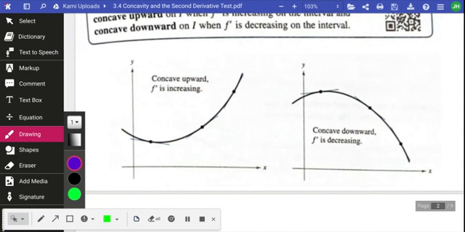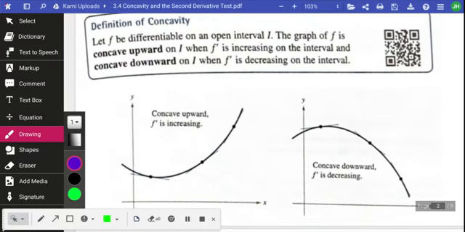If you think about it, when we ask whether a function itself is increasing or decreasing, we look at the first derivative. If we're looking at when the first derivative is increasing, that means we're looking at the second derivative, the slope of the slope. So where the first derivative is increasing is where the second derivative is positive, and where it is decreasing is where it is negative.